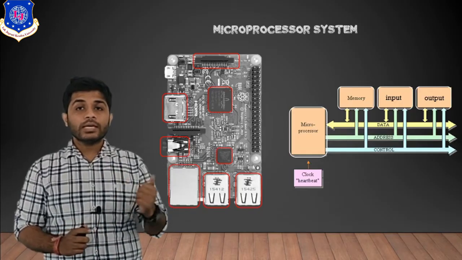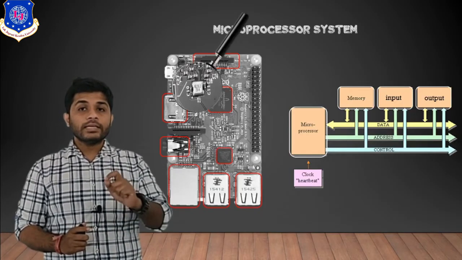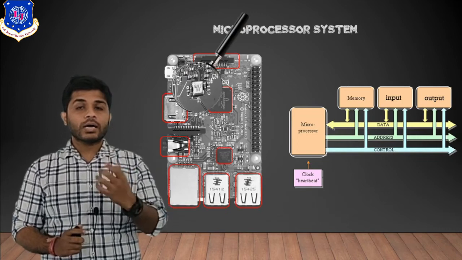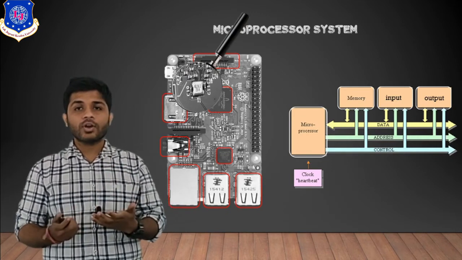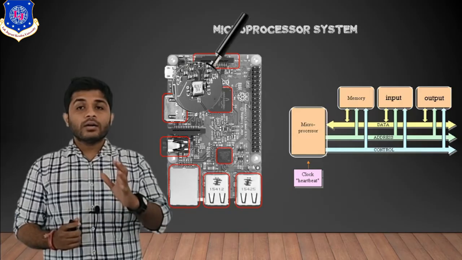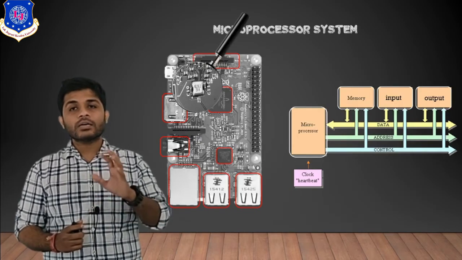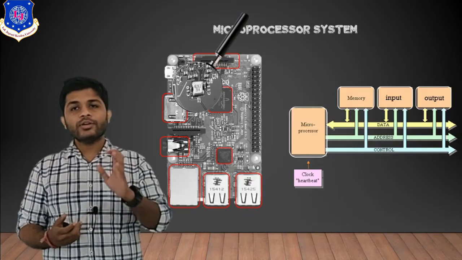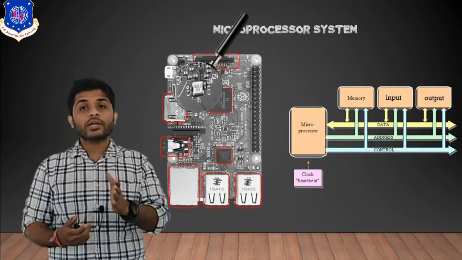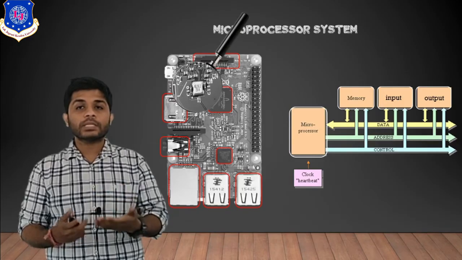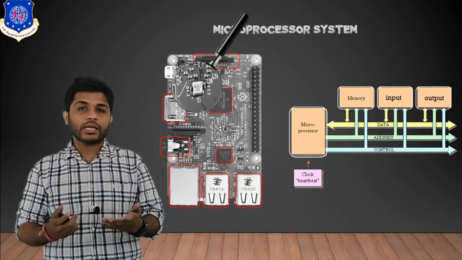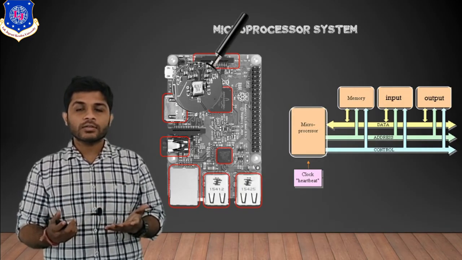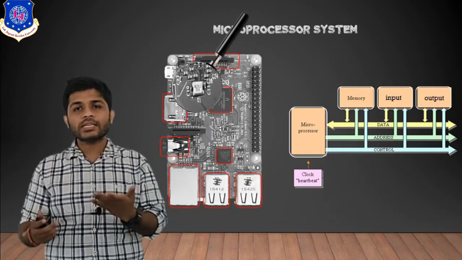You can see in the block diagram, there is a clock or the heartbeat. Now what is this clock? The microprocessor in the computer has some frequency. If you know, in your laptop, the microprocessor is working on a particular frequency, for example 3.7 gigahertz or 3 gigahertz or 2.5 gigahertz. So what is the meaning of this 2.7 gigahertz?